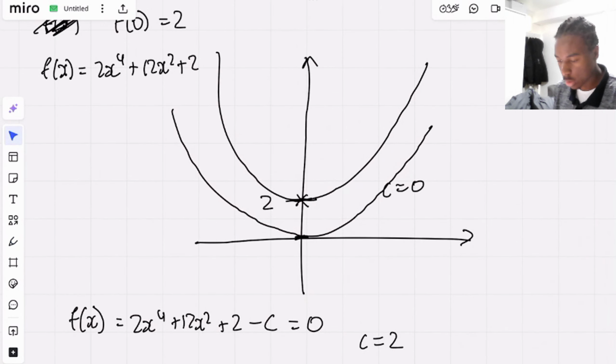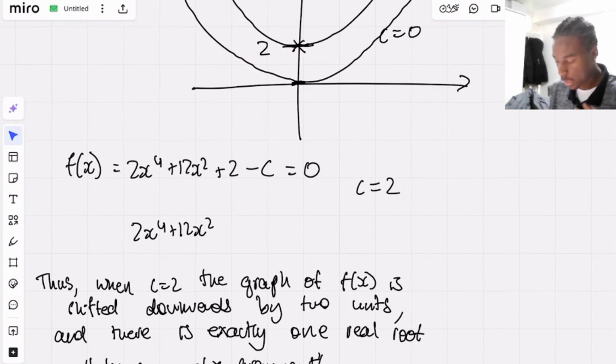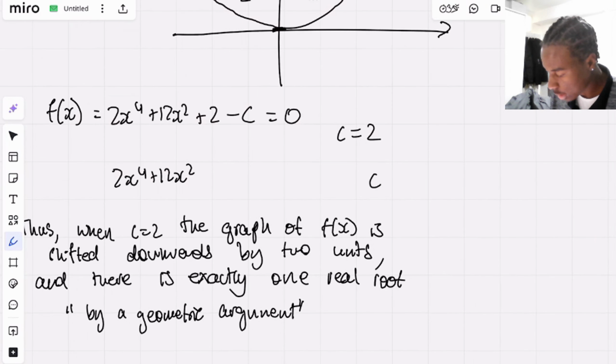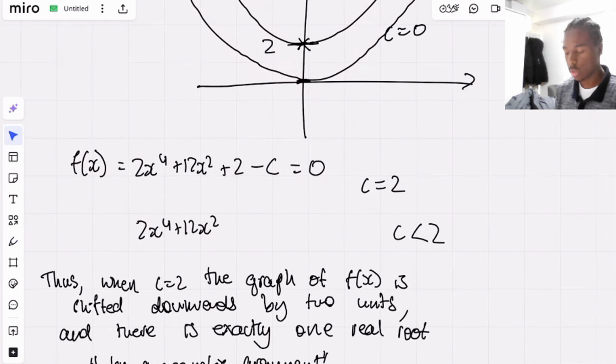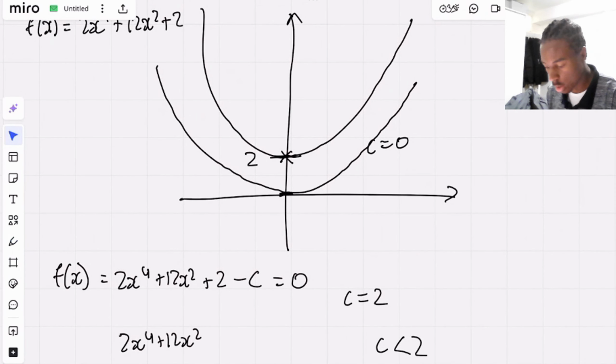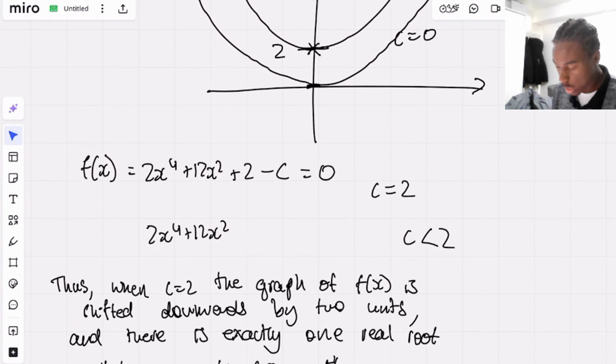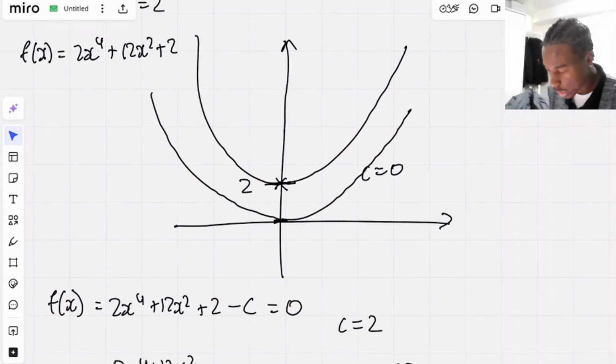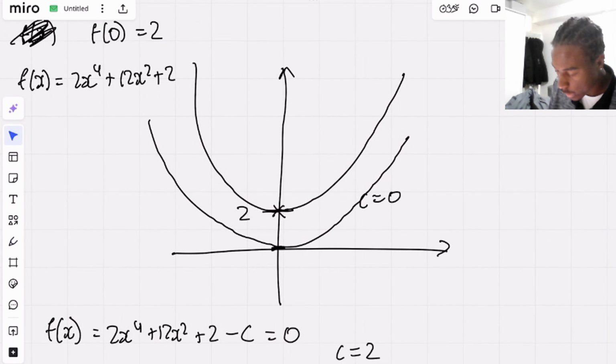So, carrying on here, if c was less than 2, so for example, if c is 1, or if c is 0, or if c is, I don't know, minus 5, can you see how there's going to be no real roots, right?